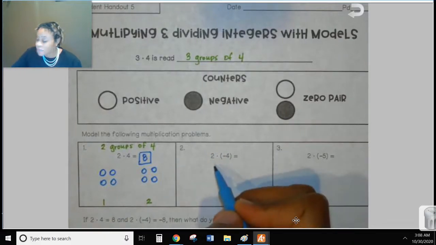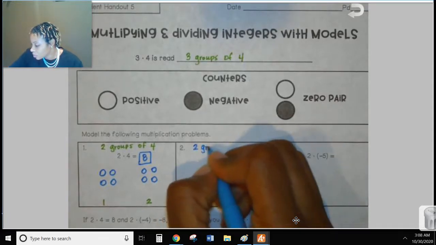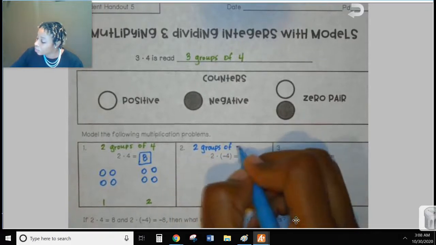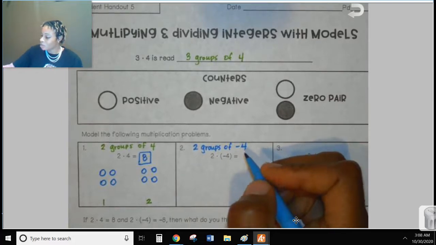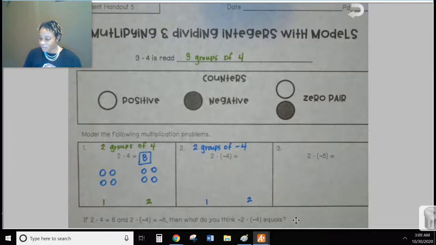The next one says 2 groups of negative 4, or we could say the opposite of 4, which is negative 4. So again, I'm going to have 2 groups, group 1, group 2. This time in my groups, I'm going to have negative, so I'm going to shade them in.